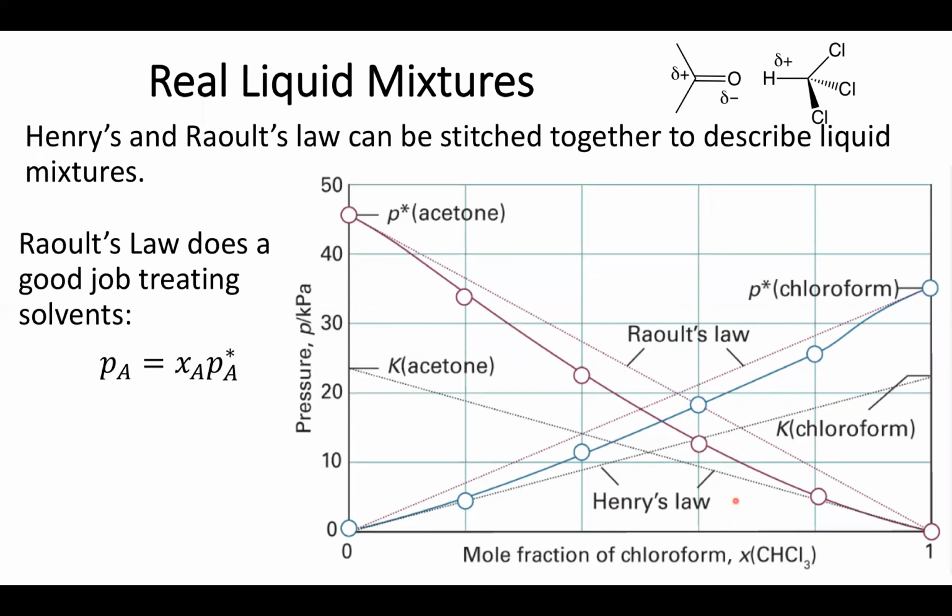And so in general, Raoult's law is going to be very good for treating our solvents. Say, in this case, when I'm looking at chloroform mixed with acetone, it turns out that if I have a mixture that's mostly chloroform, I actually have a pretty good description. Chloroform tends to obey Raoult's law fairly well.